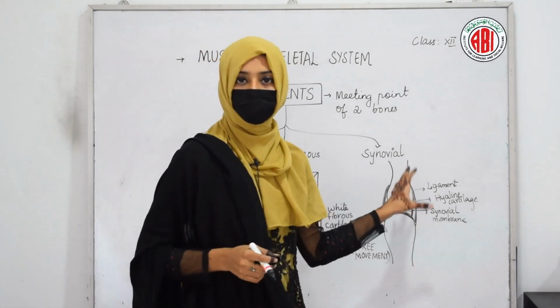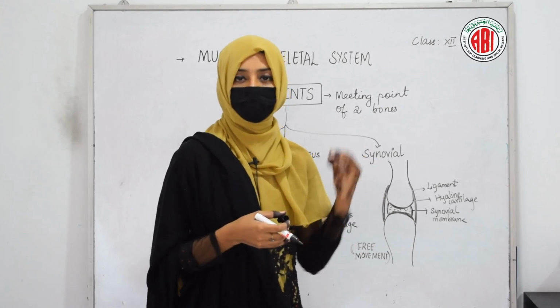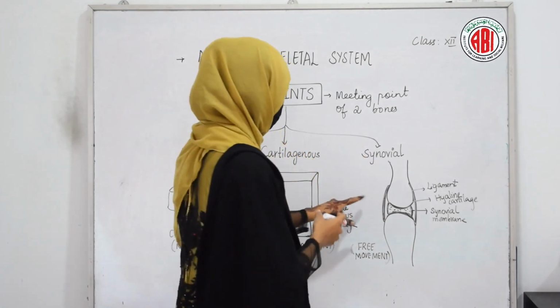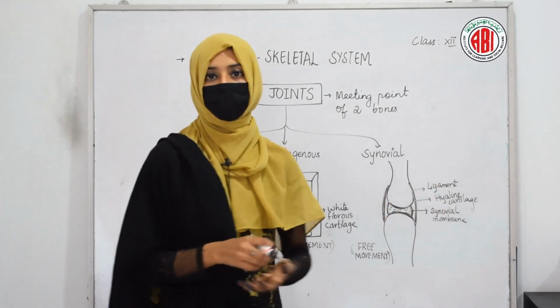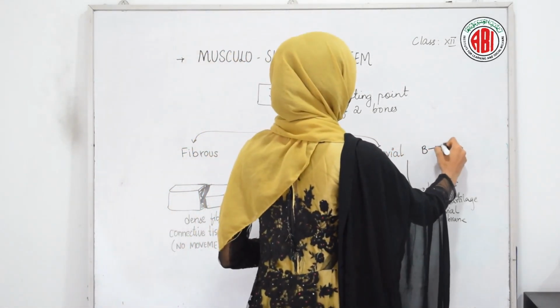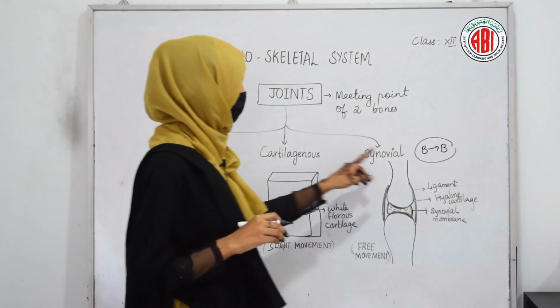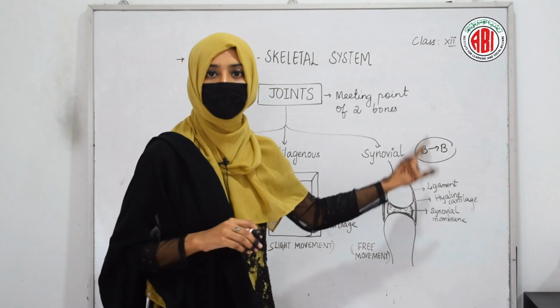We know that two bones attach to each other with the help of a connective tissue called ligament. So ligament is a connective tissue that attaches one bone to another. Bone to bone attachment is possible because of the presence of a connective tissue called ligament.